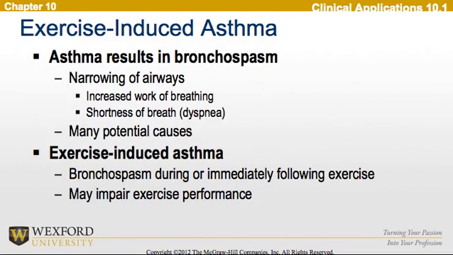Looking more closely at exercise-induced asthma, we see that the asthma results in a bronchospasm. This is narrowing of the airways, which leads to an increased work of breathing and shortness of breath. There are many potential causes of this asthma. Now, looking at exercise-induced asthma, we see that the bronchospasm is during or immediately following exercise. This may actually impair exercise performance.